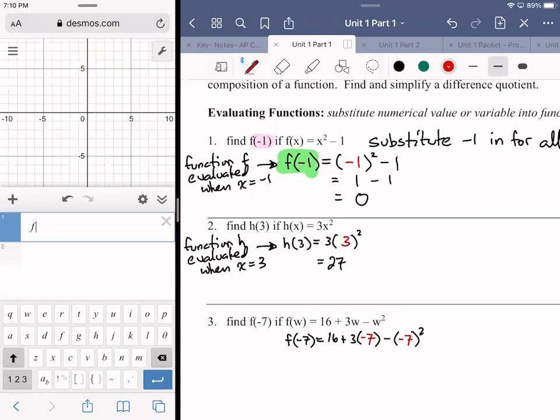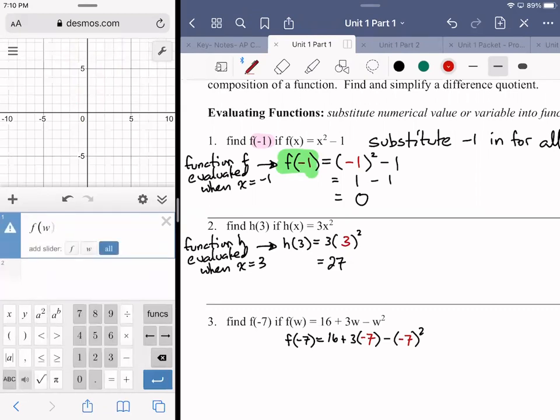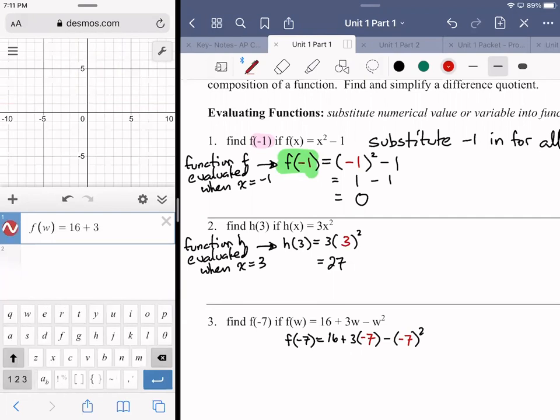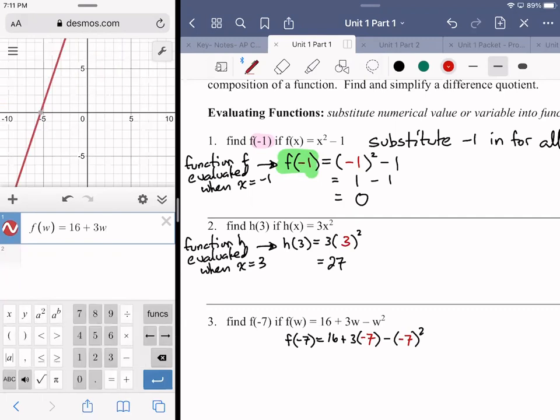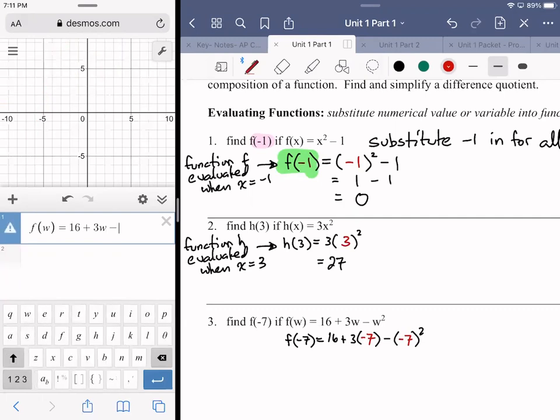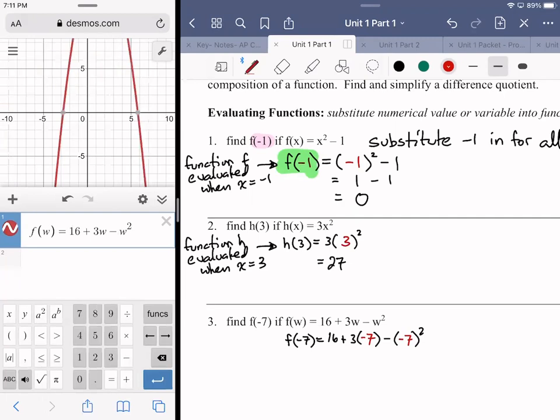You can say f of w is equal to 16 plus 3w minus w squared. Right? And it's gonna essentially treat the w as if it's an x.